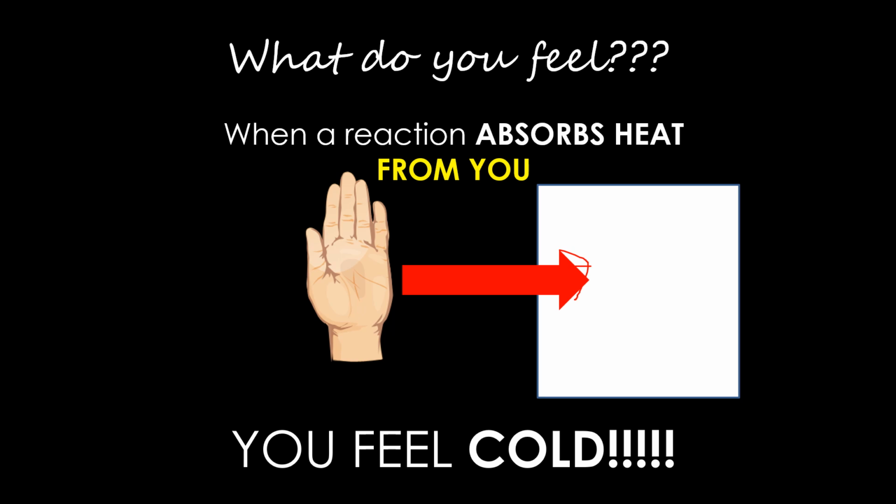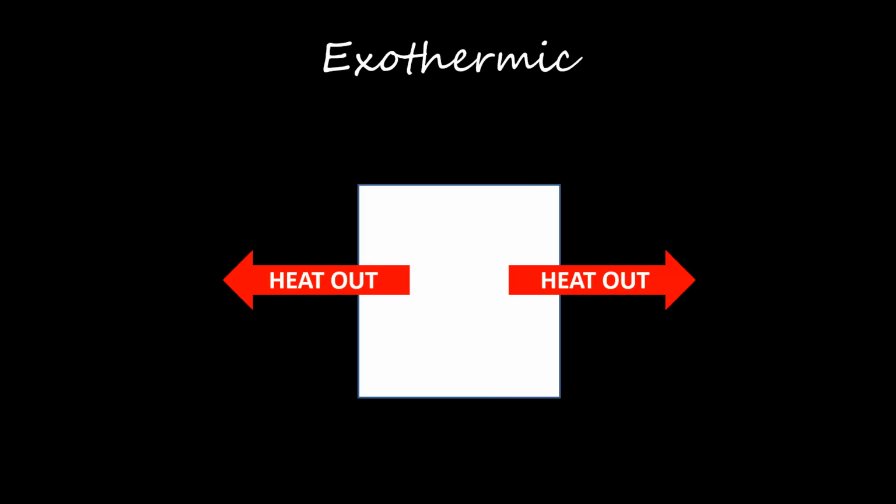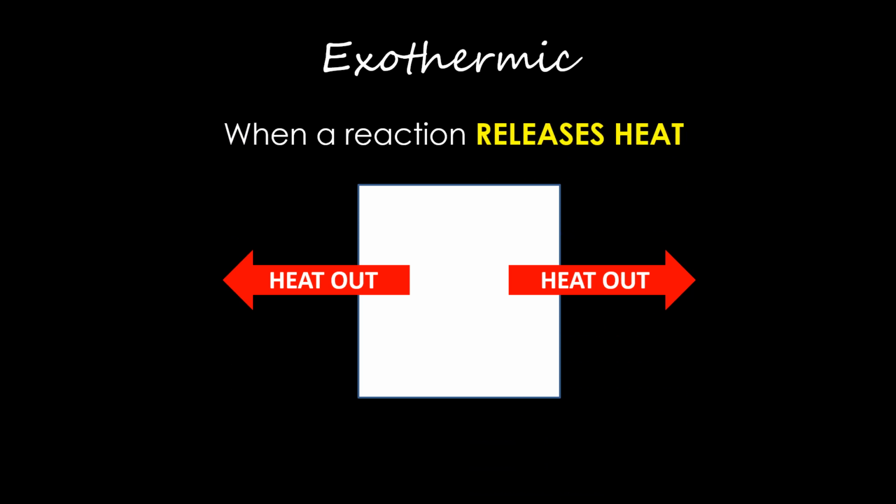Now, we also have a word that describes the opposite of this. Exothermic. Exothermic is when heat is going out of our substance or our system. So that's when a reaction or a situation releases heat. It goes out. That's why it's exothermic. It's exiting the system. So how does it feel?